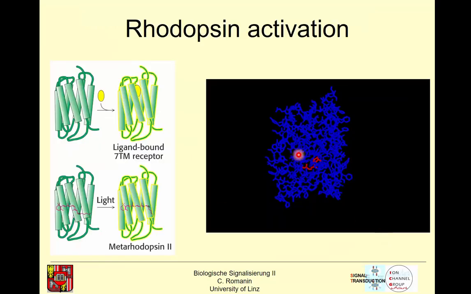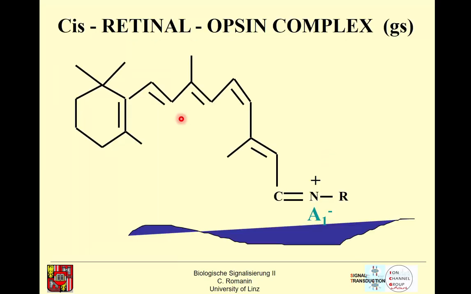And you can see it here. This is maybe MD simulations or crystallographic data. This is the rhodopsin in the dark. Here you can have a look again at how these changes are actually happening.